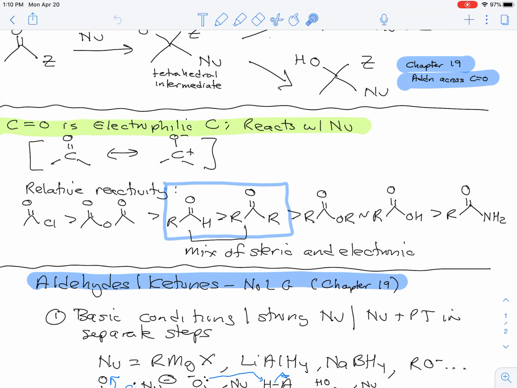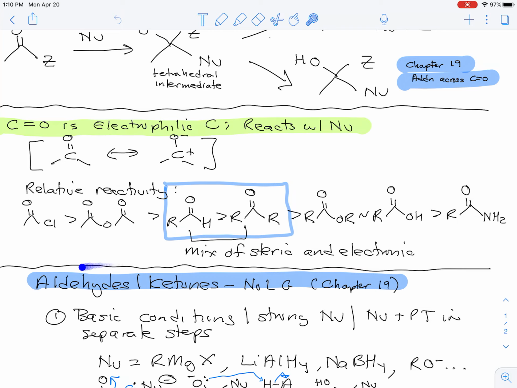Alkyl groups are more electron donating than hydrogens. We know that because alkyl groups help to stabilize carbocations. And so if the R group is mildly electron donating, that's going to make the carbonyl carbon less electrophilic. We'll look into the factors that go into this when we delve into the carboxylic acid and derivative chapter.